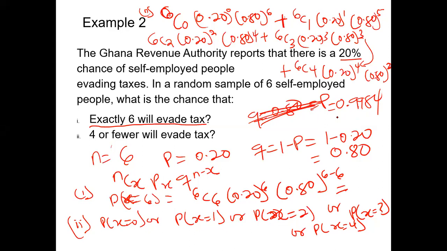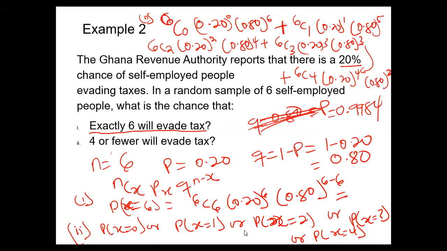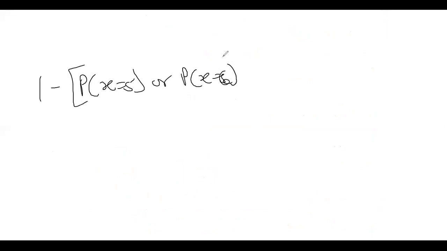Now, alternatively, if we say 4 or fewer will evade tax, and we know that there are just 6 trials, it means that because probabilities sum up to 1, you could have alternatively done for 5 and 6, then subtract the answer from 1. So if we do for 5 and 6, it would have been 1 minus the probability for 5 or 6, because probability should sum up to 1.